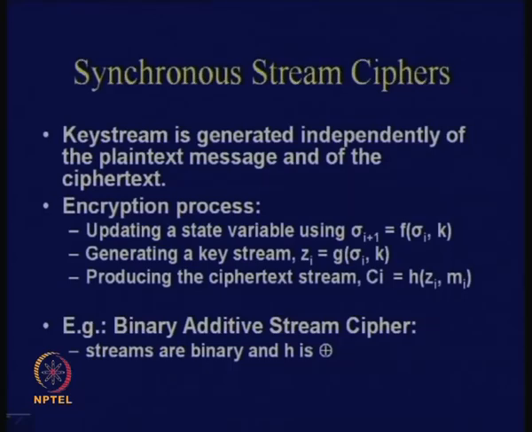It can be generated independent of the plain text during encryption and of the cipher text during decryption. An example of this could be a binary additive stream cipher. In that case, the function h is nothing but the XOR, that is, you take z_i and XOR it with m_i.